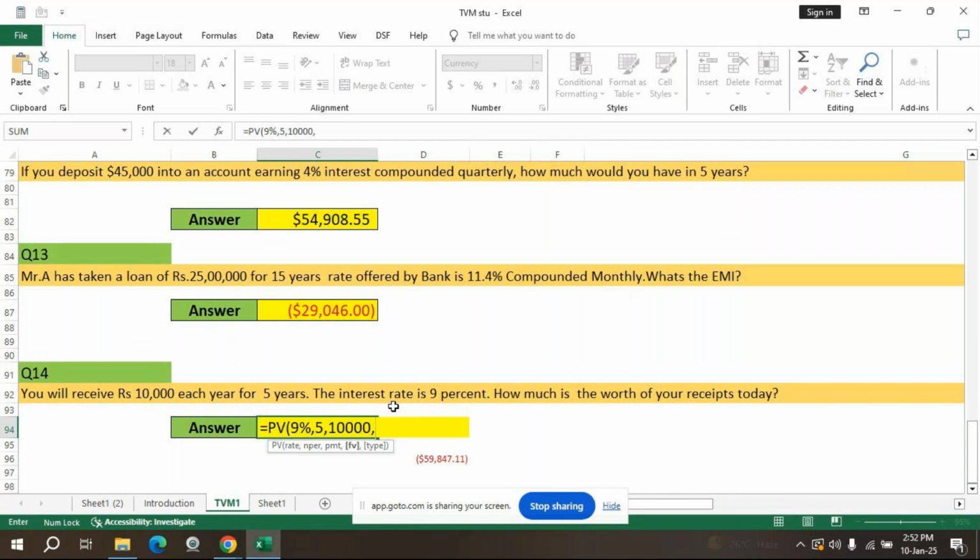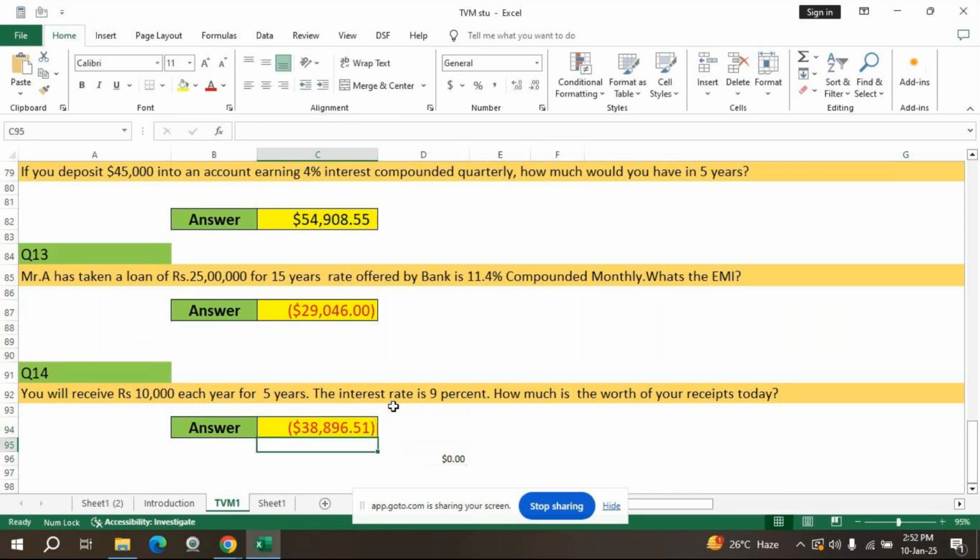Then comma, future value is 0, comma, end of the period is also 0. Now close the bracket, enter. See, now you will be getting the answer as 38,896. That is our PV, the present value.